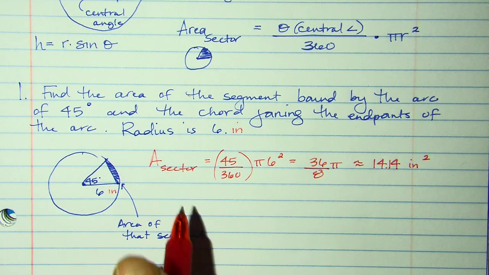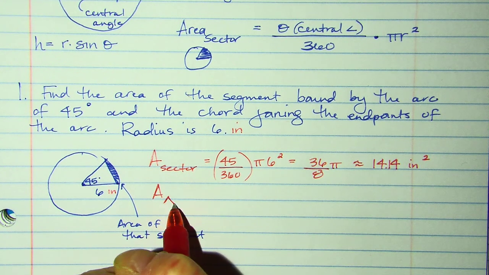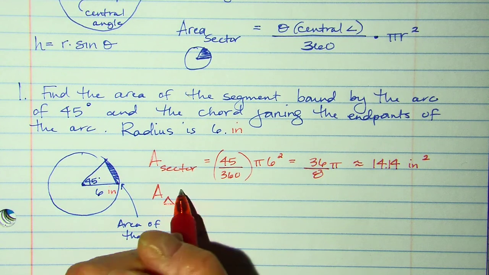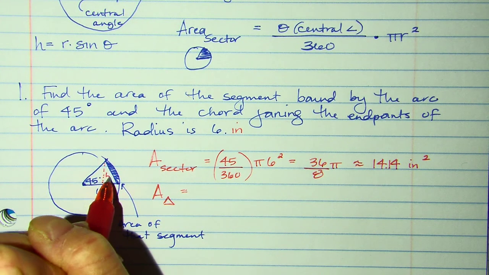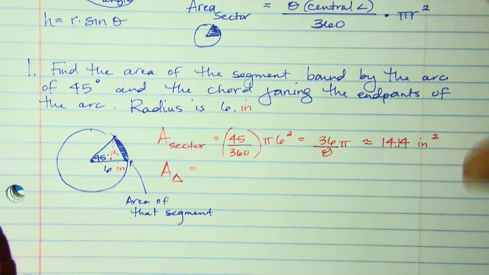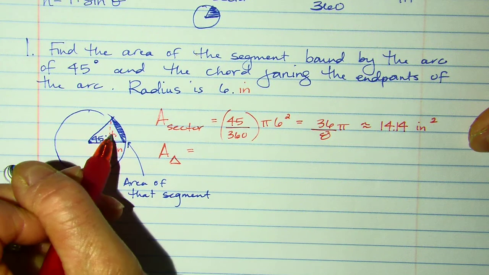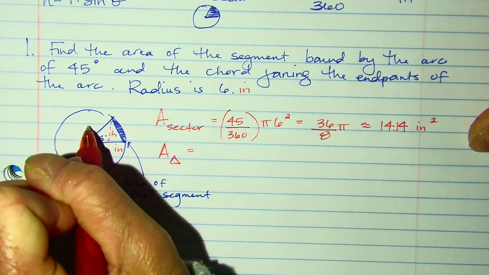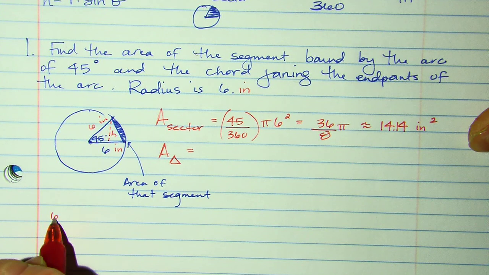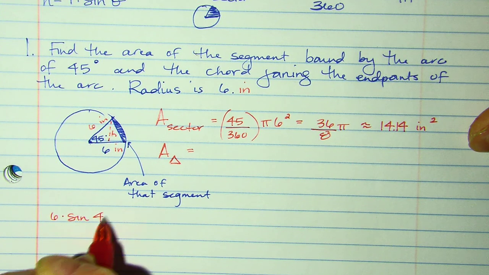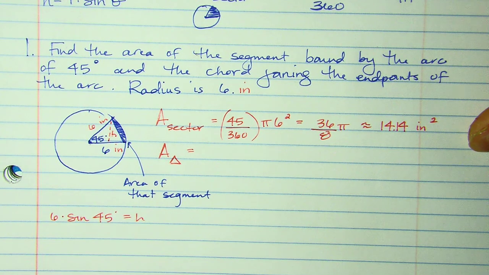And now I'm going to find the area of my triangle. But in order to do that, I need to find my height. So for the height, I know if this is 6, then so is this. So it would be 6 times the sine of 45 degrees equals my height.